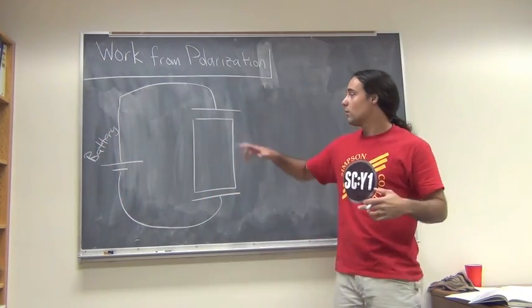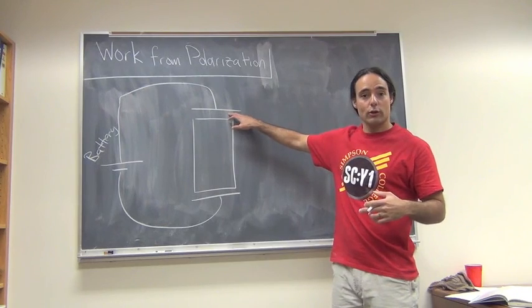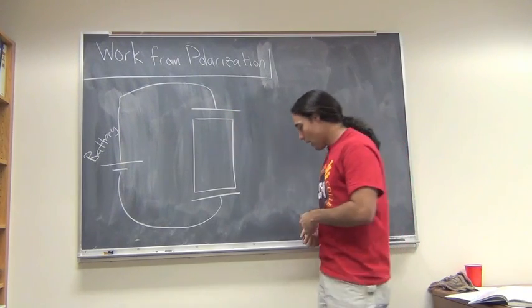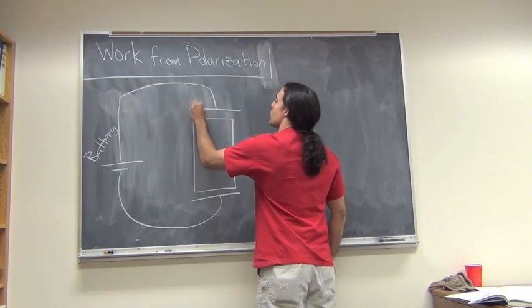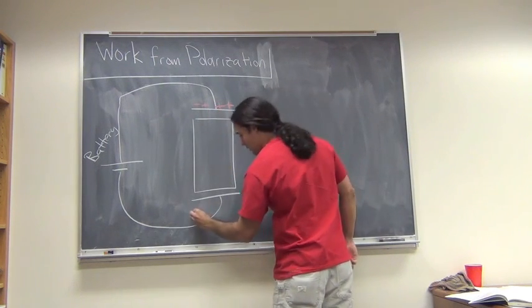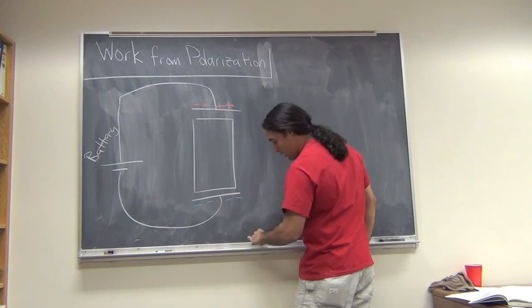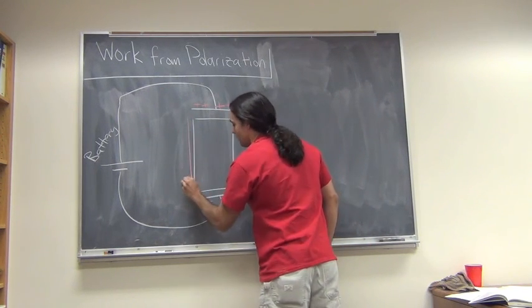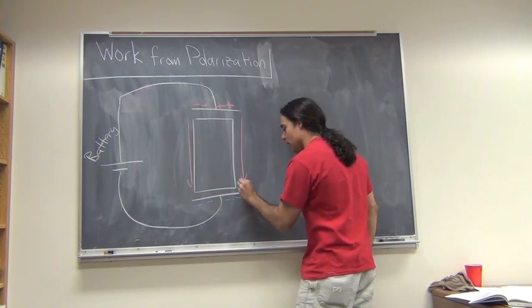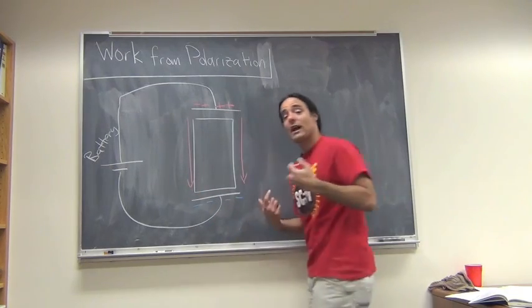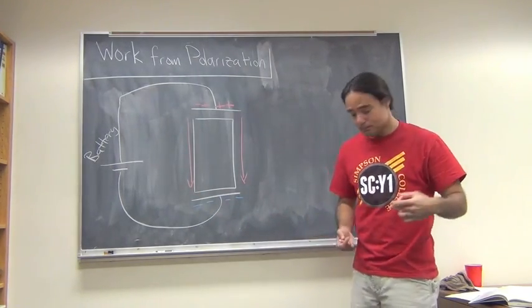Well, we know that the battery is going to create an electric field because it's going to charge up those capacitor plates. So now, the electric field points from positive to negative. There's an electric field through my material.